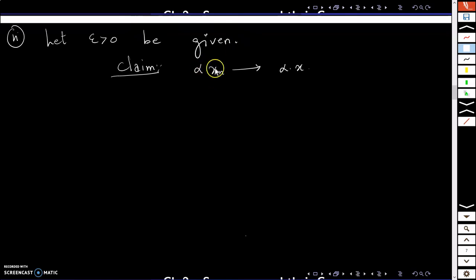We have to estimate the term alpha xn minus alpha x, right? Because I want to show that this sequence alpha xn converges to this point alpha into x. So first we start with alpha xn minus alpha x. Now if you can see here, alpha is common, so I can take alpha common within the modulus. So this will look like alpha times xn minus x, right?